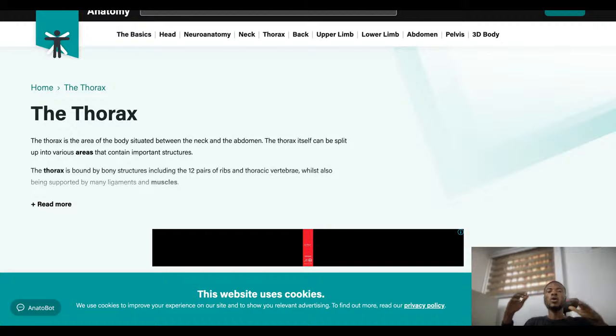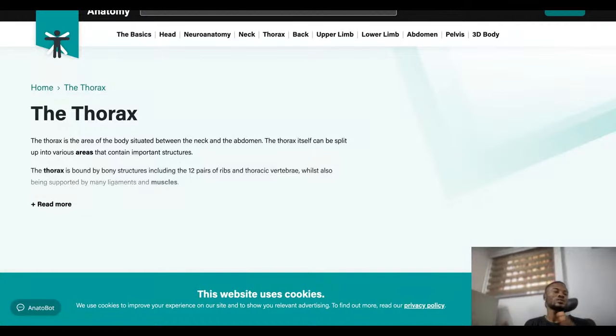Then the walls of the thorax are protected or enclosed with muscles. Examples are the pectoralis major, the pectoralis minor, the latissimus dorsi, a whole lot of muscles. There are a lot of muscles in the thorax.